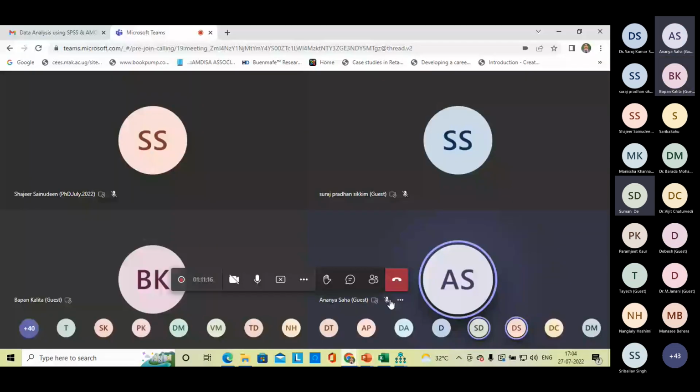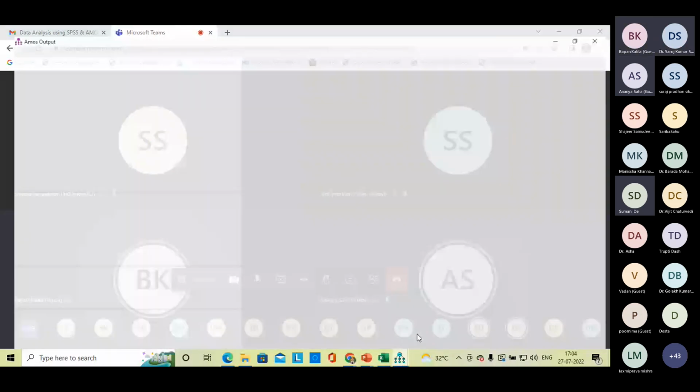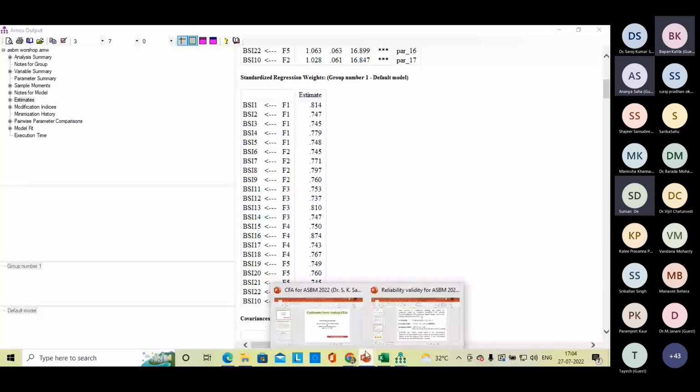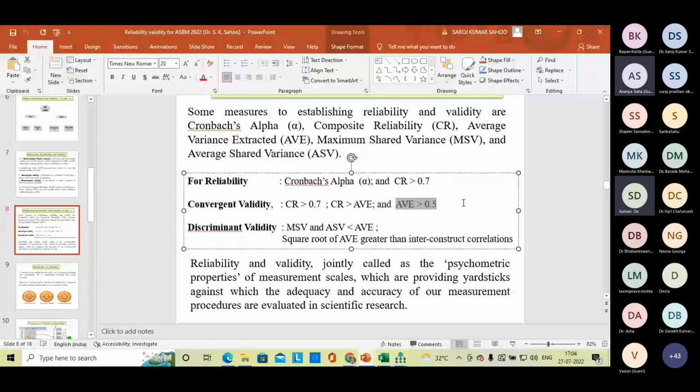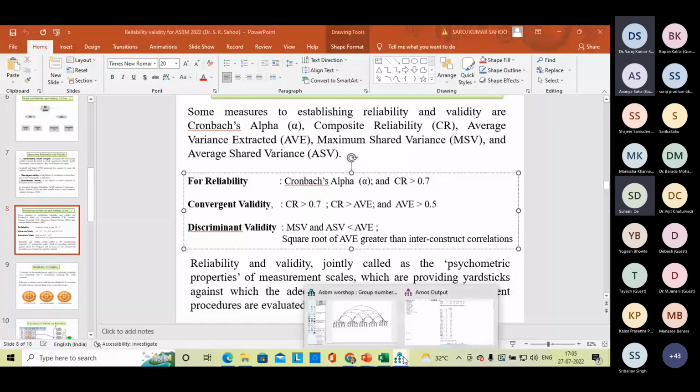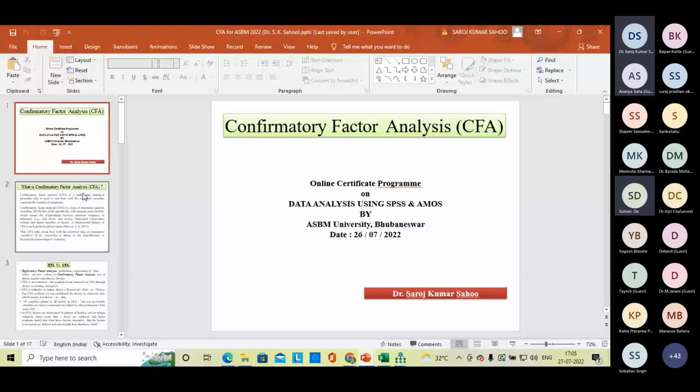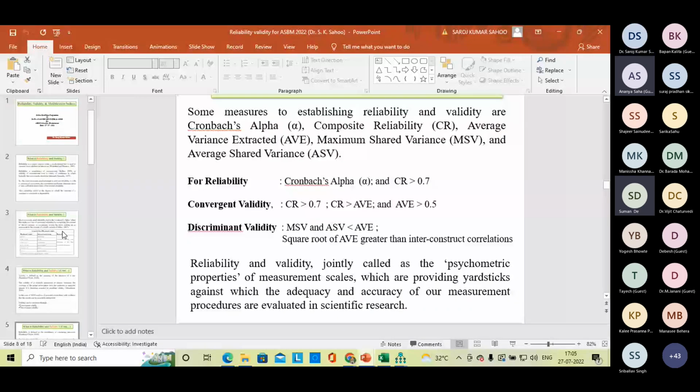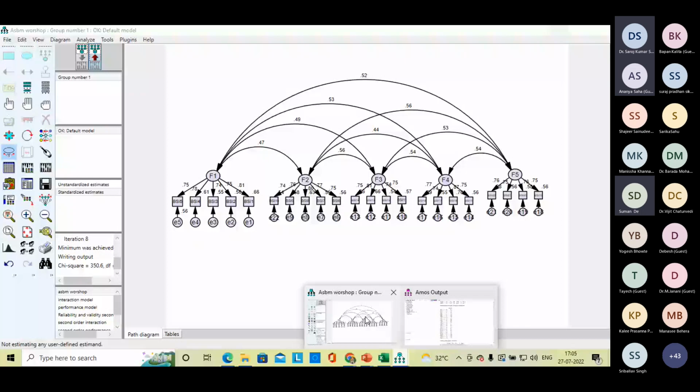Okay, sir. Please repeat, sir. See, look at my PPT. That part we have understood, but the last part, sir. After AVE is greater than 0.5. AVE greater than 0.5 means the underlying variables are significantly converging into the respective factor or construct.